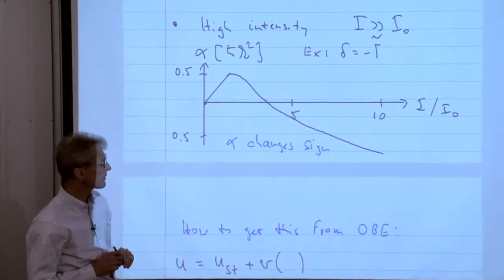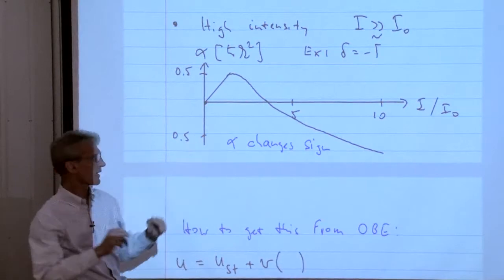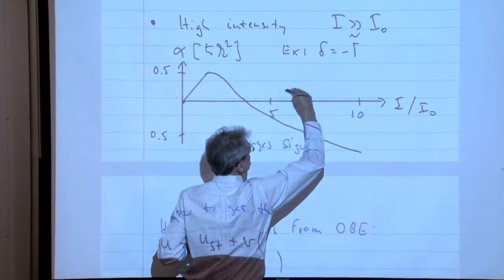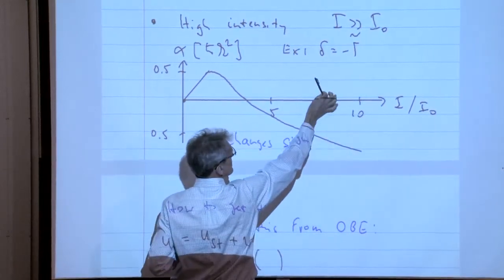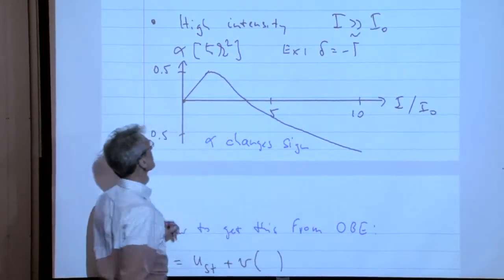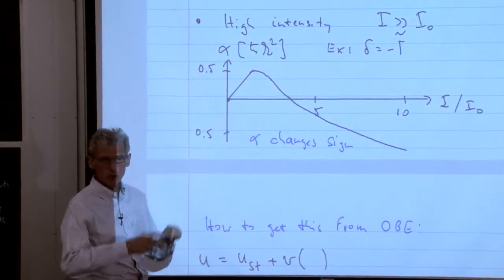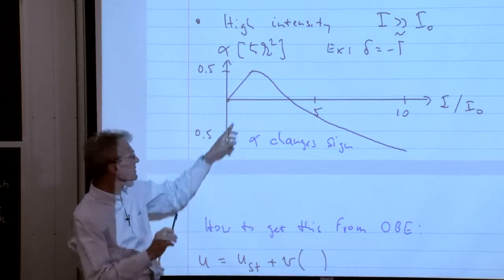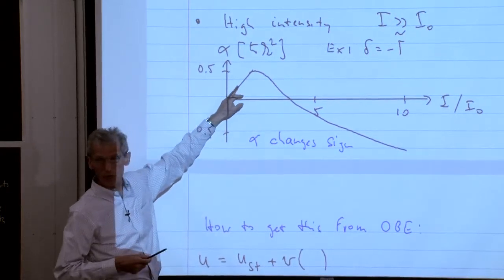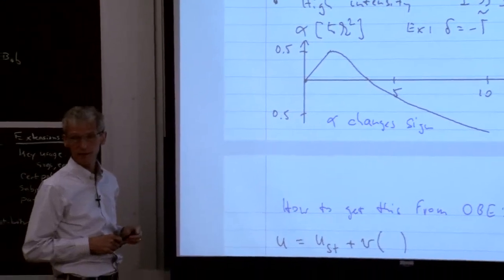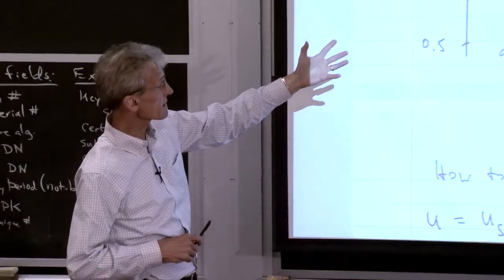You remember when we have red detuned light, we had one Lorentzian, another Lorentzian, the slope was negative, and negative means positive friction, so we cool. If you put more power into it, the linear slope increases, and for low power, the friction coefficient is proportional to the laser intensity. But now look what happens.